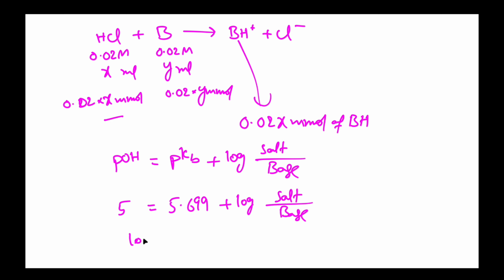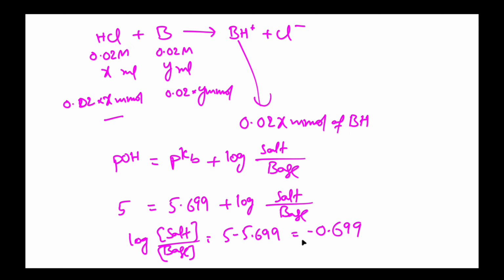From that, log salt by base is equal to 5 minus 5.699, that is minus 0.699.